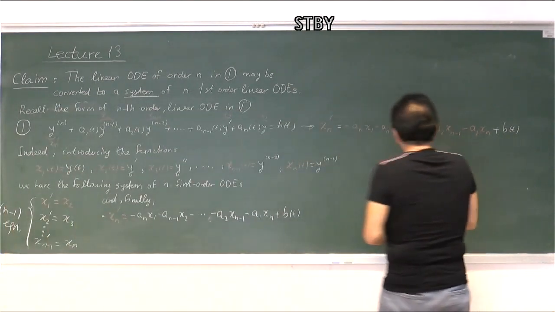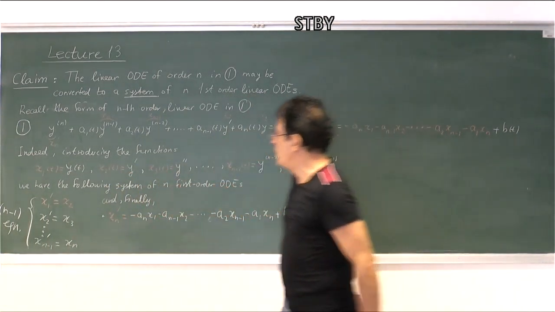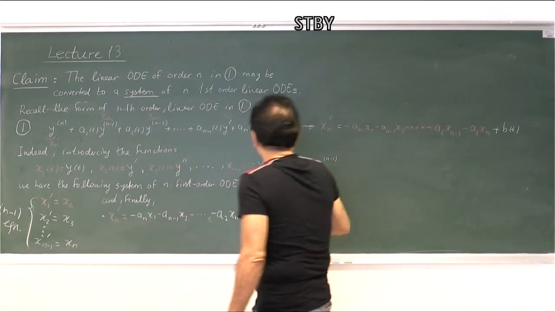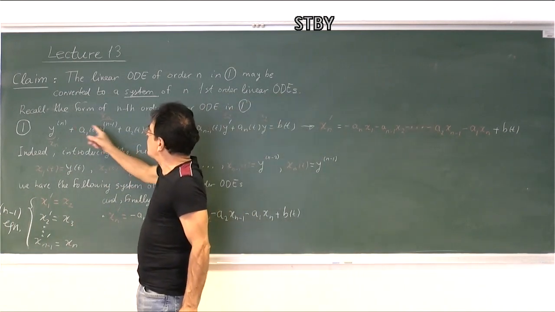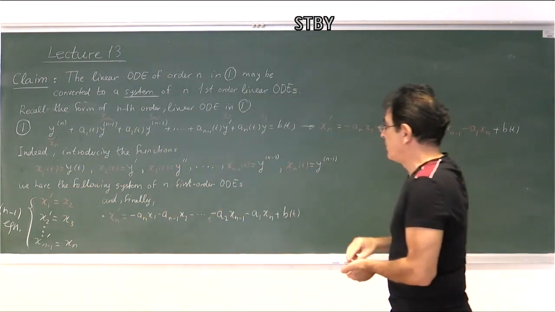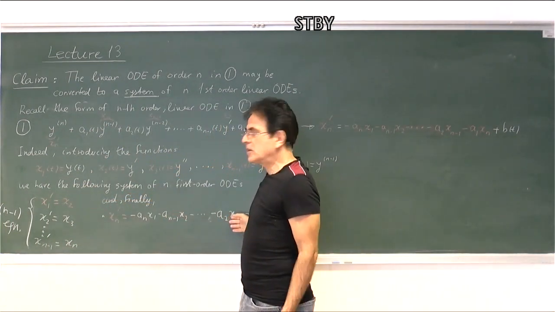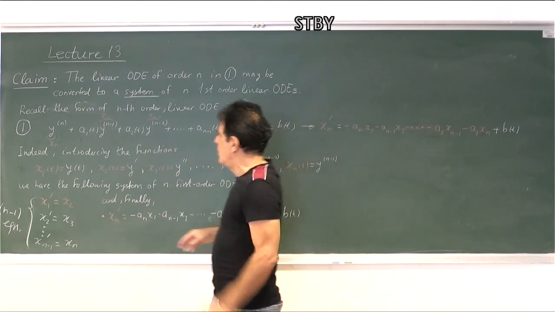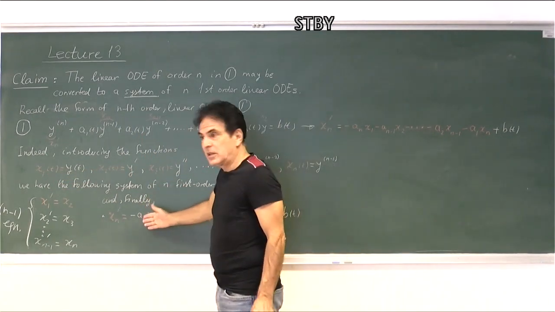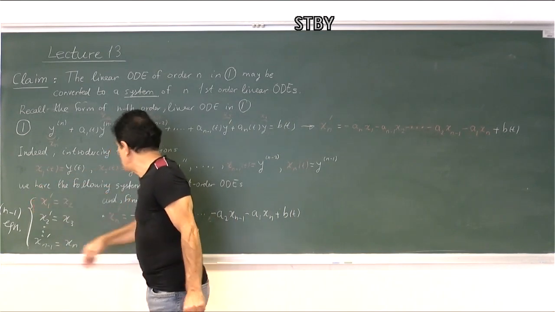So, look, there is a one-to-one correspondence between the system of n first order ODEs and the single linear ODE of order n. In the sense that, if we solve this system, what is the meaning of that? Unknowns are functions x1, x2, up to xn. If we solve this system, it means that we derive x1, x2, xn.